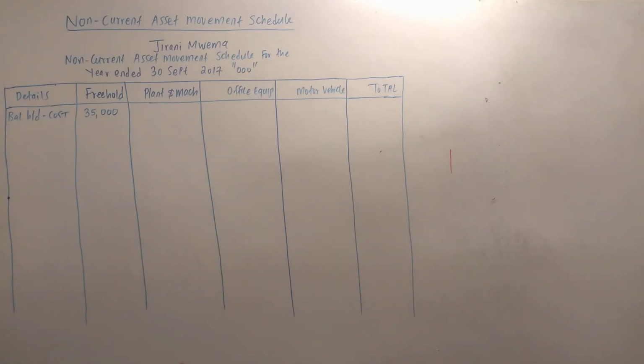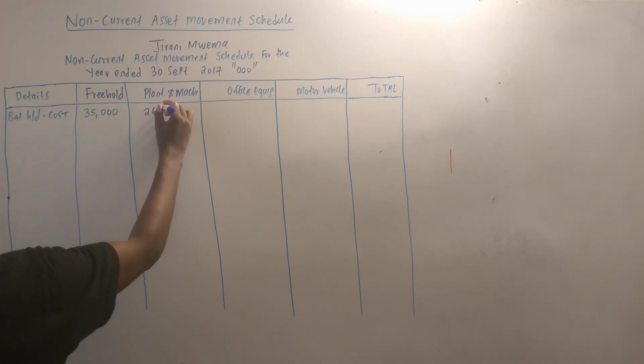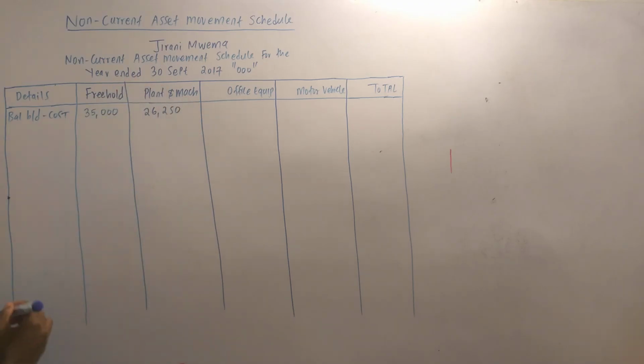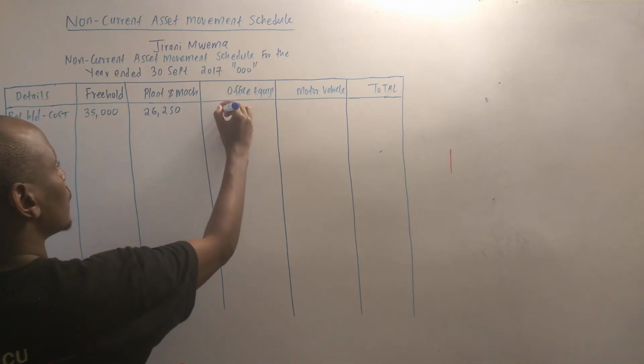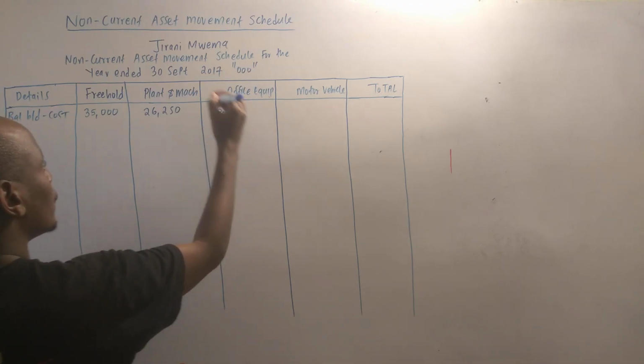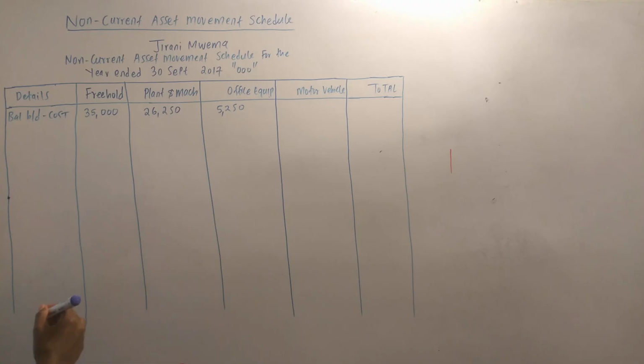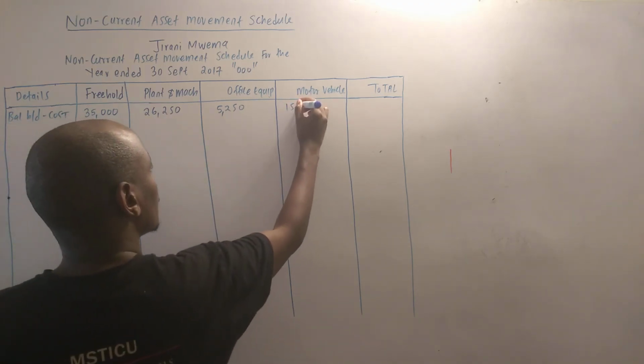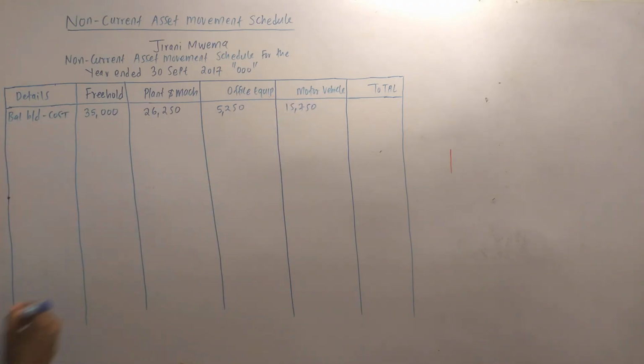And then we have the one for plant and machinery, which is 26,250. Then we have the office equipment, which is 5,250. Then you have motor vehicle. Motor vehicle is 15,750.